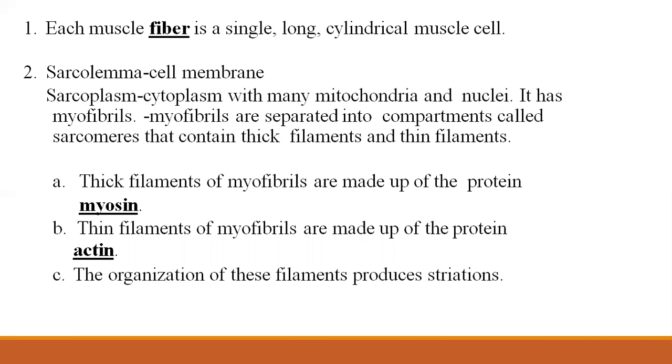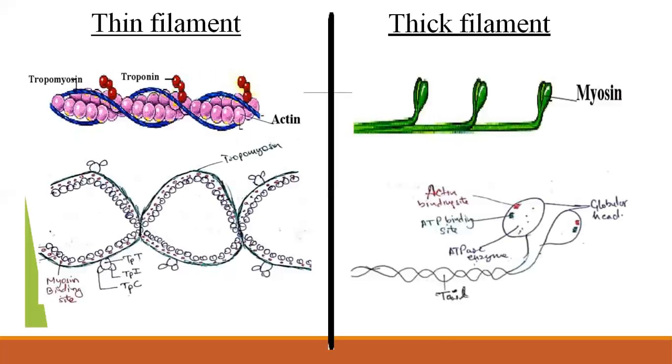Thin filaments of myofibrils are made up of the protein actin. The organization of these filaments produces striations. This is the basic structure of the thin filament, made up of actin molecules, and the thick filament, made up of myosin.